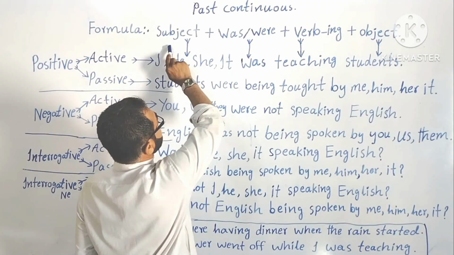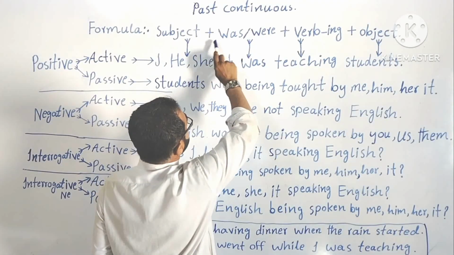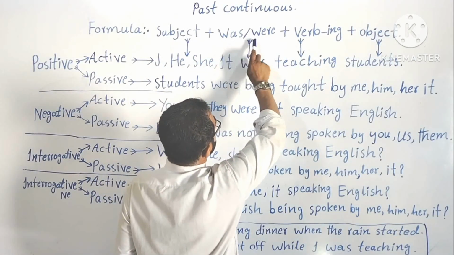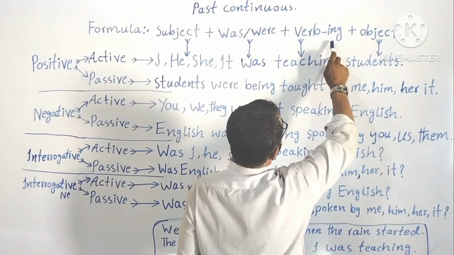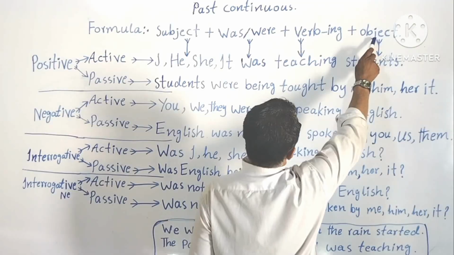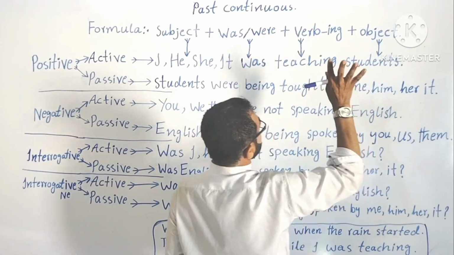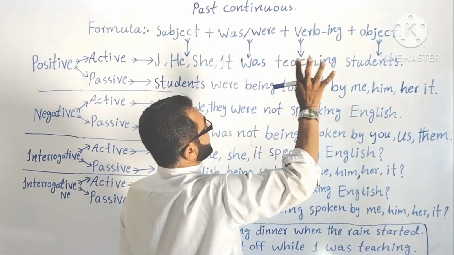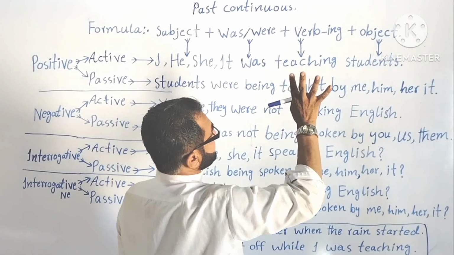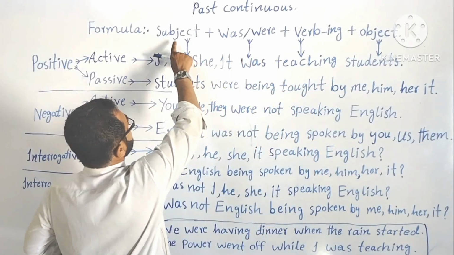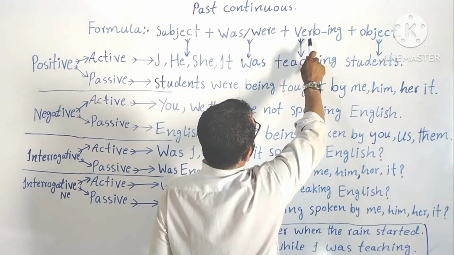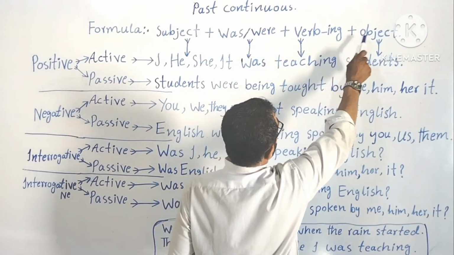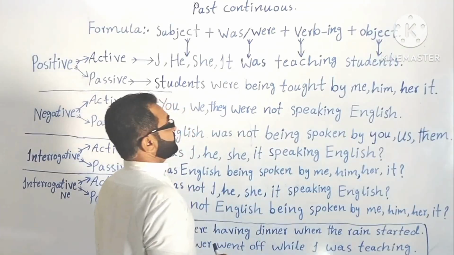First of all, subject, then your helping verb, was, then your main verb, means verb with ing, then your object. Four things are needed for past continuous. Subject plus helping verb plus main verb plus object. Understood?